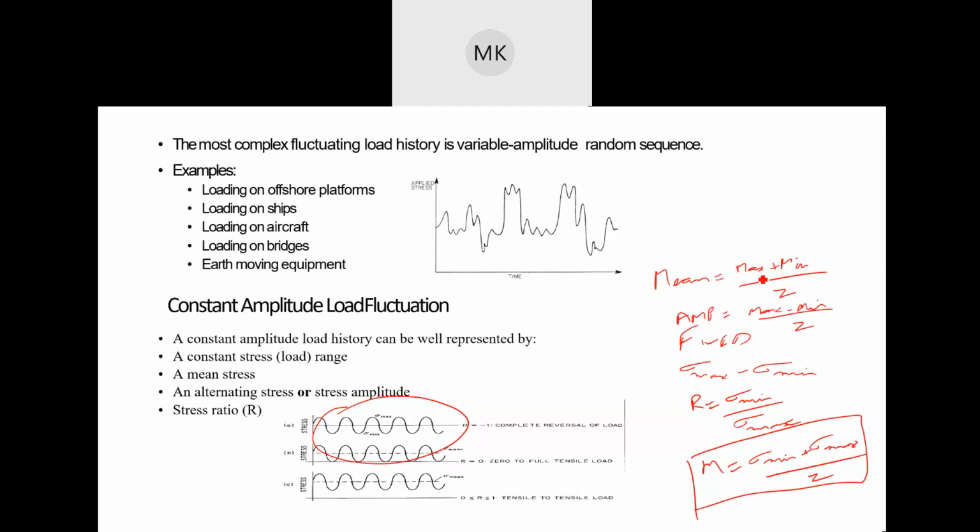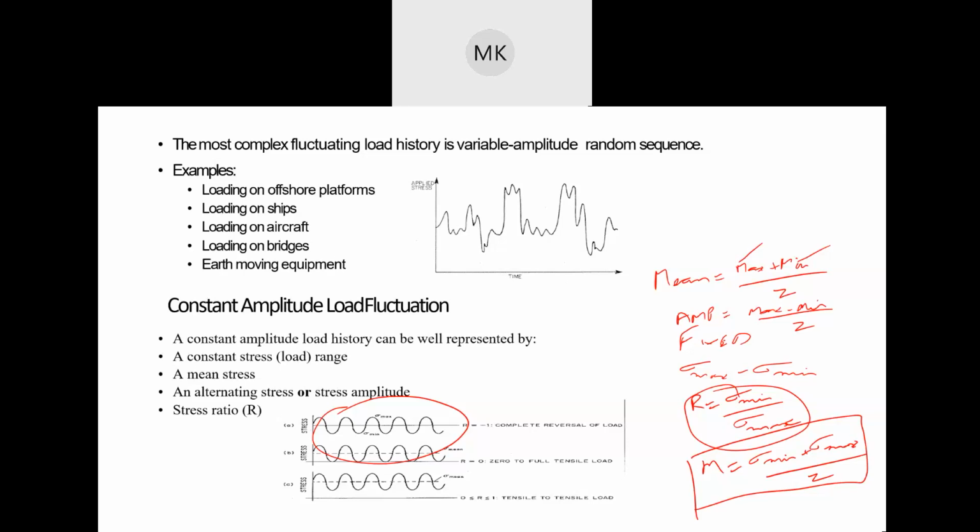Once you have these two values, you can find out what your max and min are, what your load ratio is going to be, and all the other numbers that we need for fatigue. You can figure out all the different things that are needed for a fatigue test.